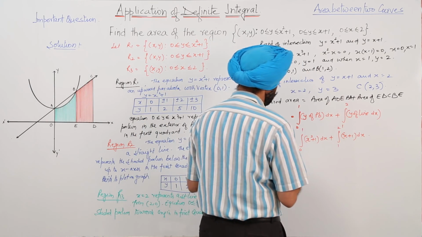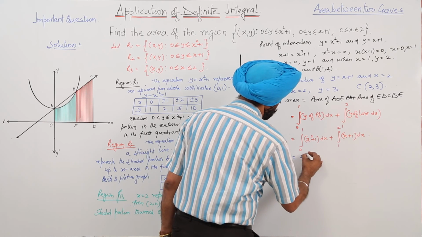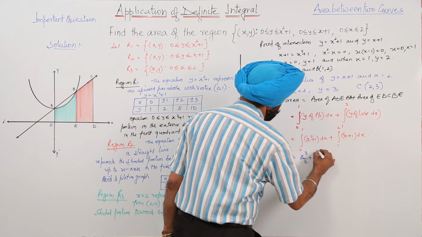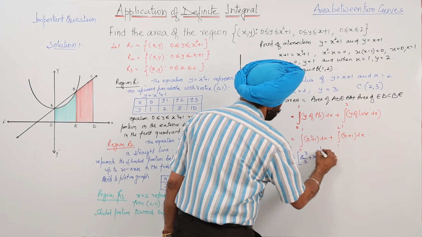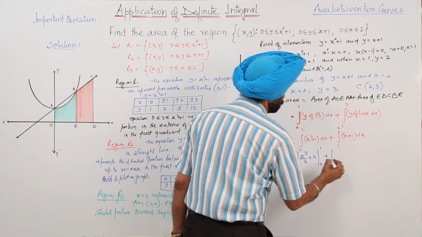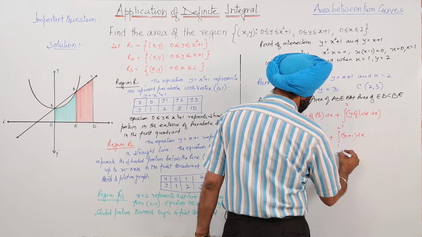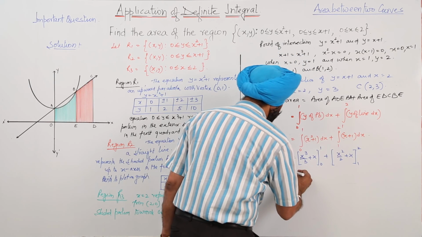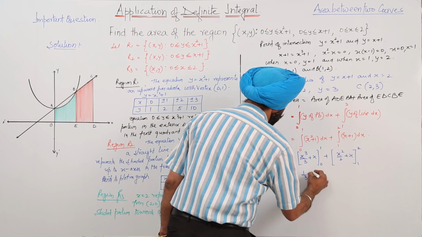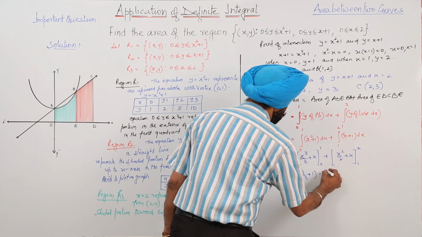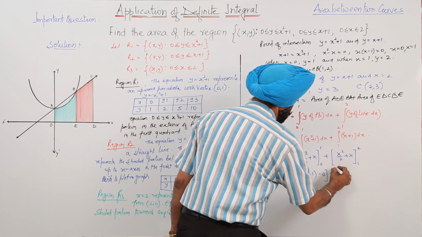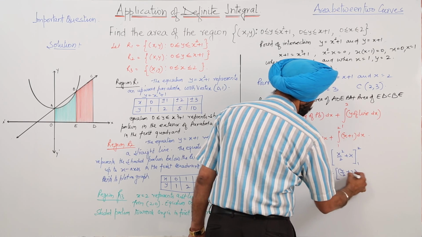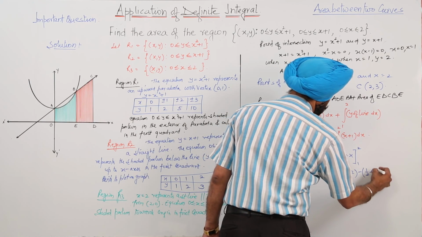Now let us solve it. x³/3 + x from 0 to 1, plus x²/2 + x from 1 to 2. Now this becomes 1/3 + 1 − 0, plus 4/2 + 2 minus 1/2 + 1.